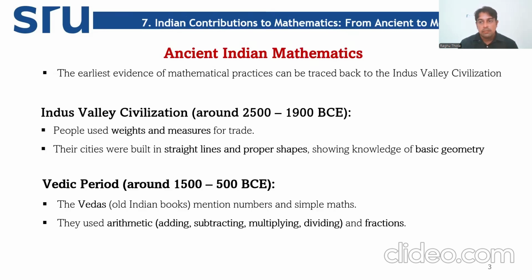That clearly helps us understand they had clear knowledge about geometry, which talks about different shapes. They constructed cities and buildings in straight lines and different proper shapes. That gives an indication that they had good knowledge of basic geometry. This is how mathematical practices have been traced from the Indus Valley civilization.